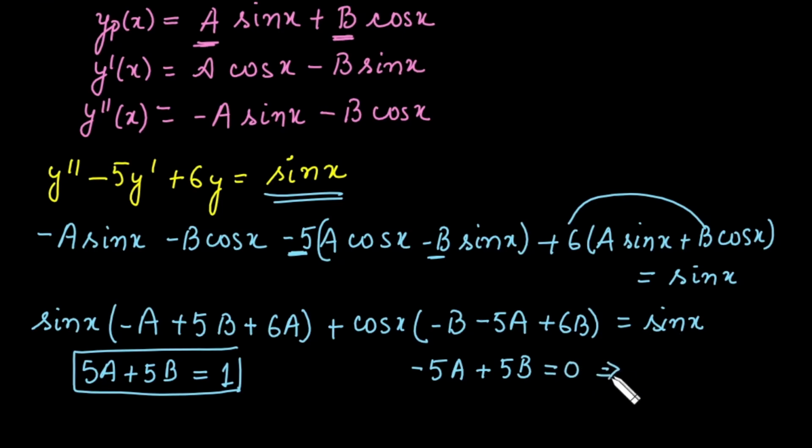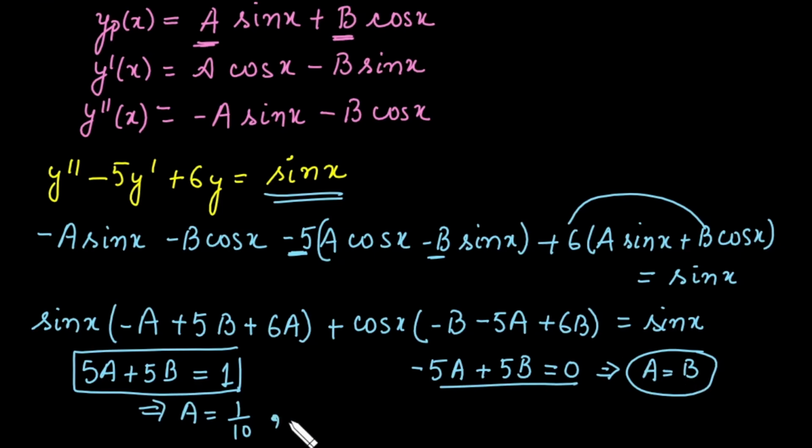So from here, if you observe, a is equal to b. Substitute a is equal to b in this case. So from here, we have a is equal to 1 by 10, and when you substitute over here, we get the value of b is equal to 1 by 10. So finally, the particular integral in this case is a times sine x plus b times cos x, which is equal to 1 by 10 into sine x plus cos of x.